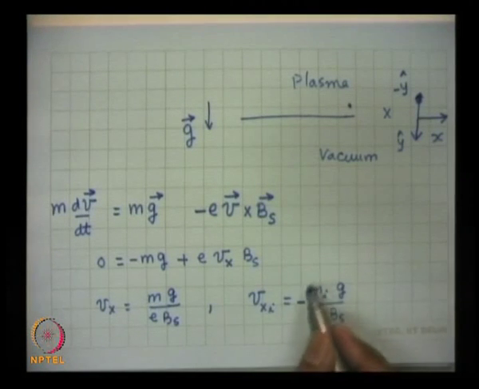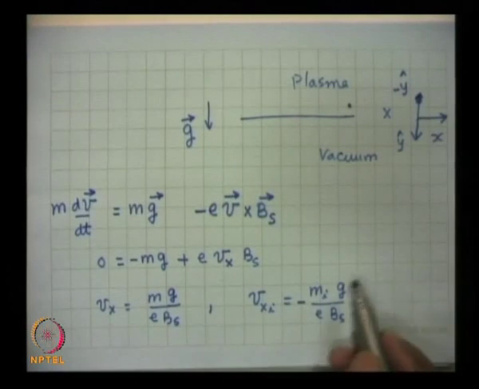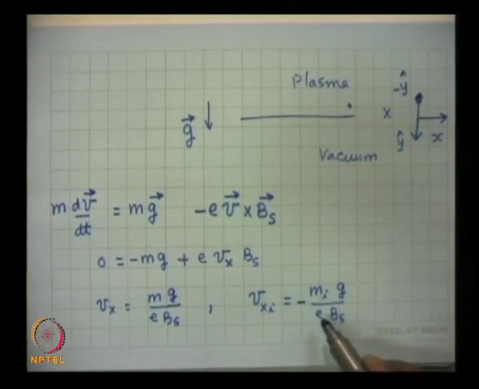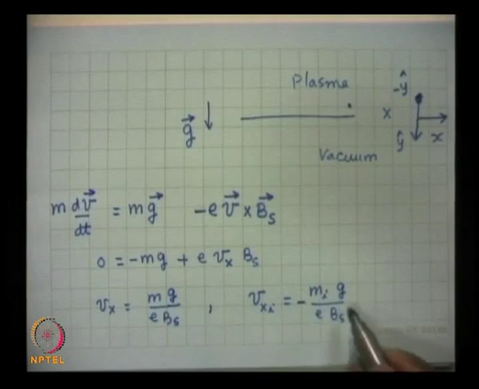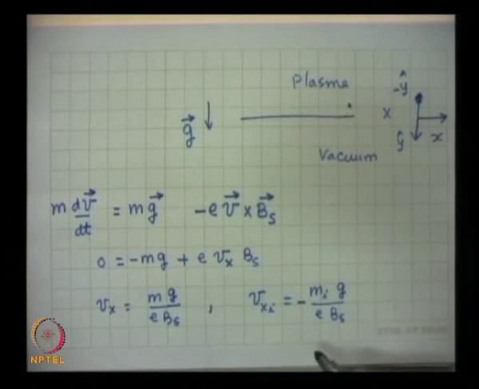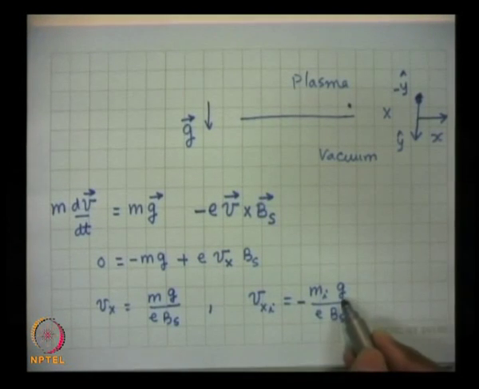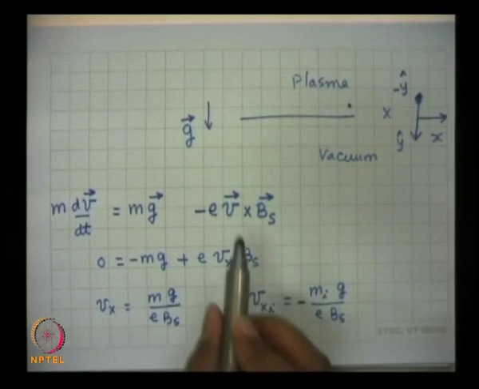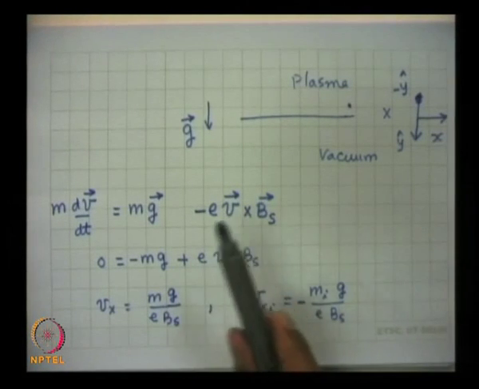This is called g cross B drift because it is perpendicular to gravity, which is in the y direction, and the magnetic field in the z direction. G cross B, x cross z, y cross z. Did I make a sign error? Let me just check.